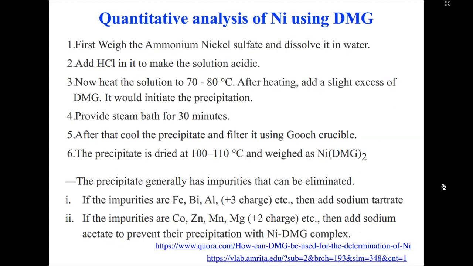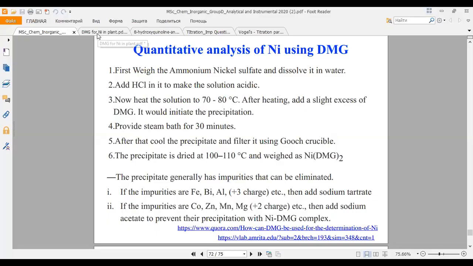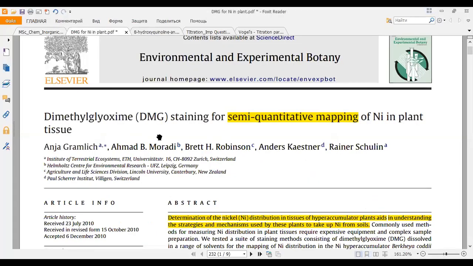Now, before we go into the next compound, let's see one research article. So this research article is using DMG for semi-quantitative mapping. Semi means partial quantitative. So this will not just give you an exact value, however, it will give you a comparison.